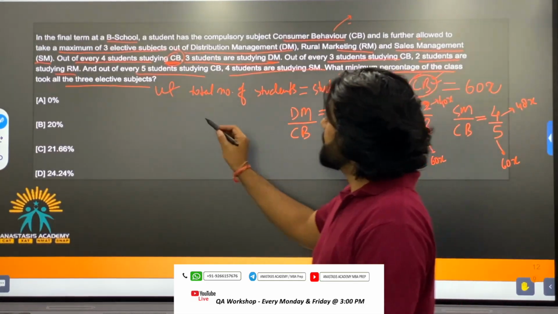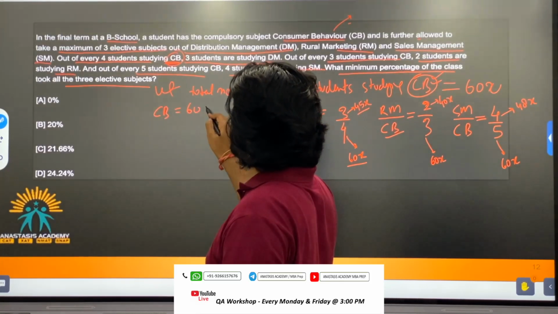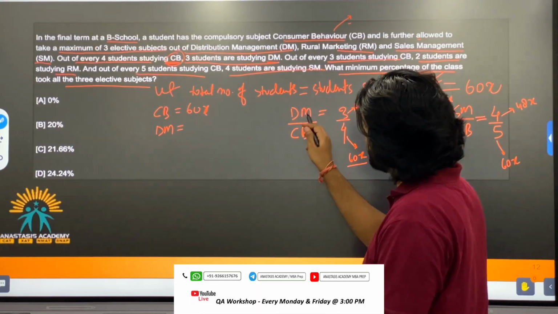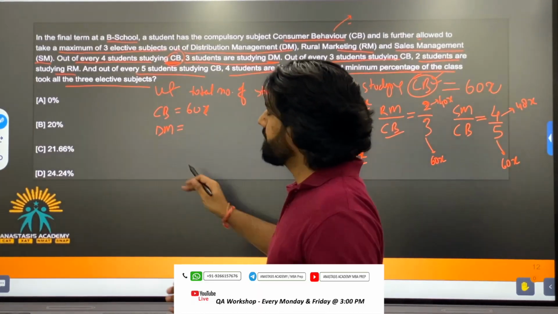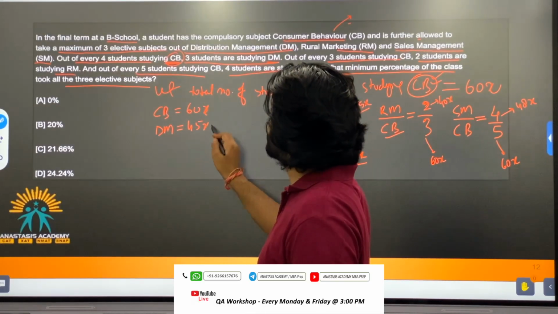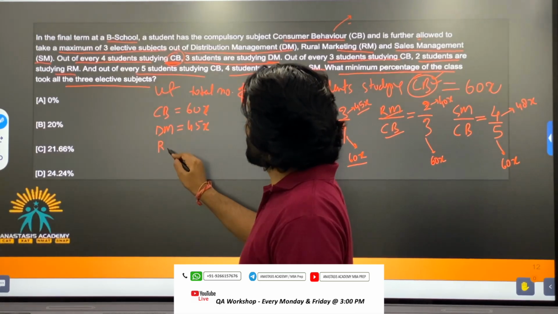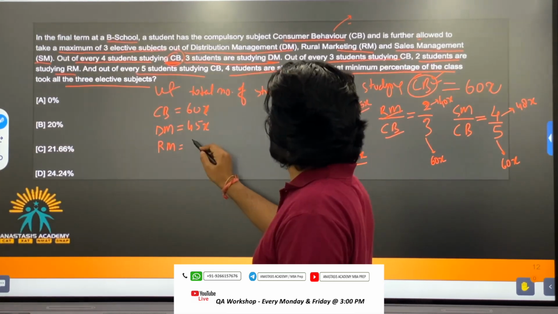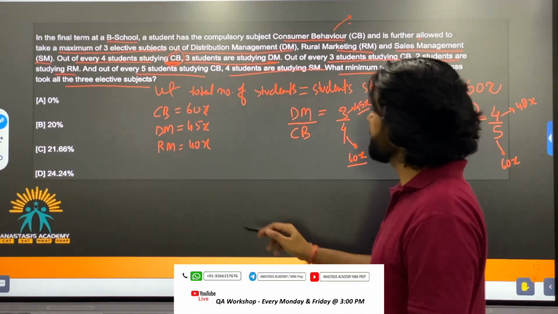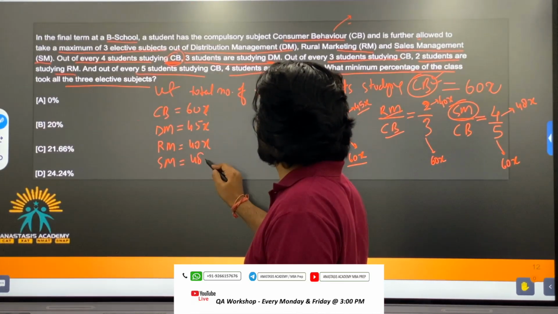So the number of students studying CV, the compulsory subject, is 60x. Students who chose elective DM are 45x, students who chose elective RM are 40x, and students who chose elective SM are 48x, right?